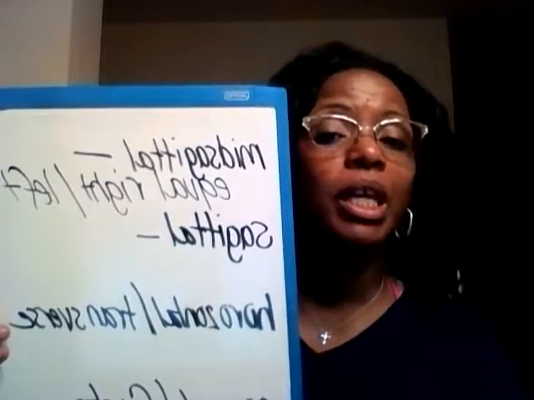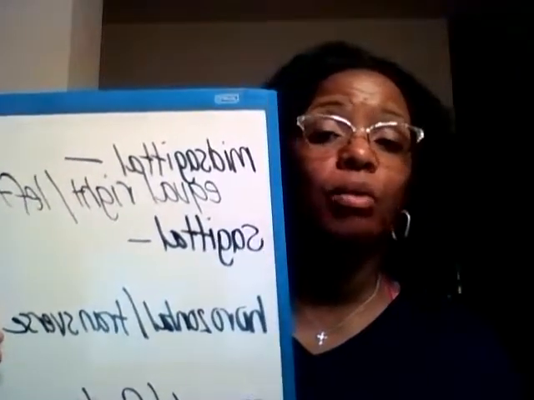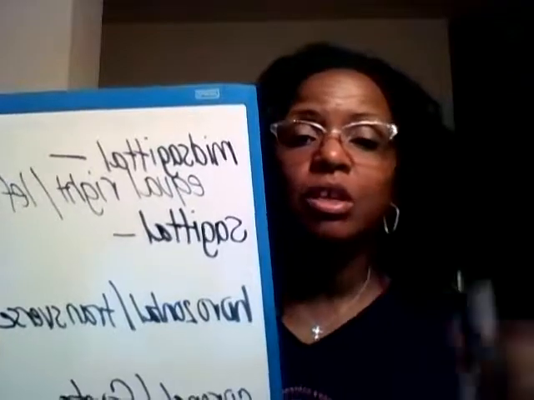A sagittal plane will divide the body into a right and left section. Mid-sagittal would divide me directly down the middle. However, a sagittal plane would divide me into a right and left section, not necessarily an equal section, because I don't have mid in front of it.